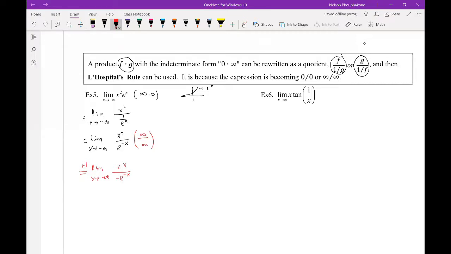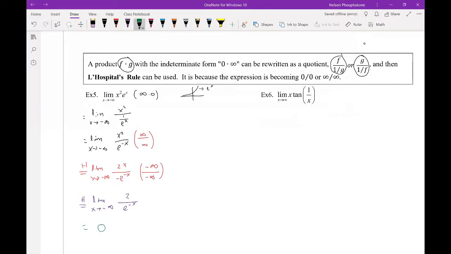Again, if we check, 2 times x is negative infinity over negative infinity. Then we could apply another L'Hopital rule, and we will have 2 over e to the negative x. Now if we do direct substitution, we will have 2 over infinity. So the answer in this case will be 0.